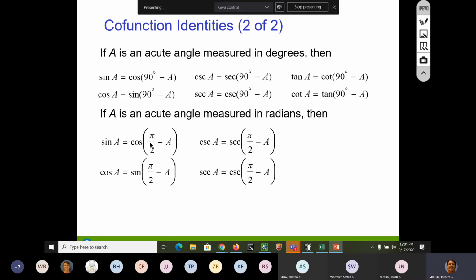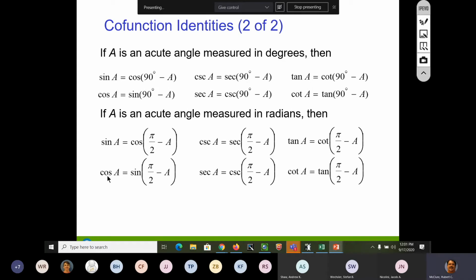If you're using radians, 90 is pi over 2. You can also say sine, cosine, cosecant, secant, and then, of course, cotangent and tangent, because those are cofunctions.